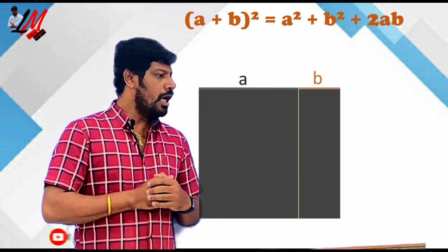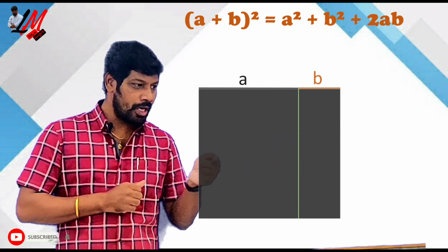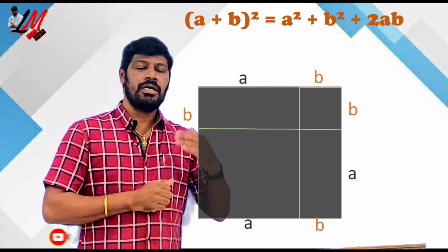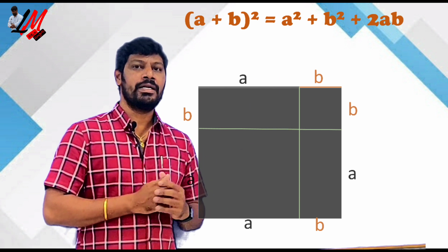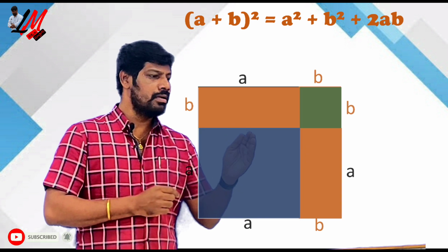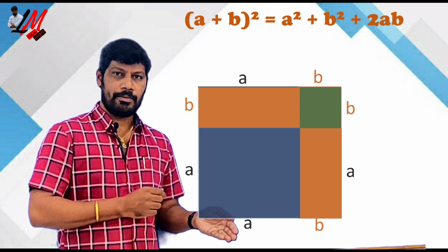Now from the b length there, let me draw another perpendicular. Now observe carefully: the entire square is divided into four parts. There is one rectangle here, another rectangle here, one square here, and one square there.